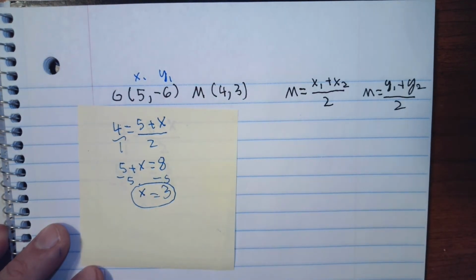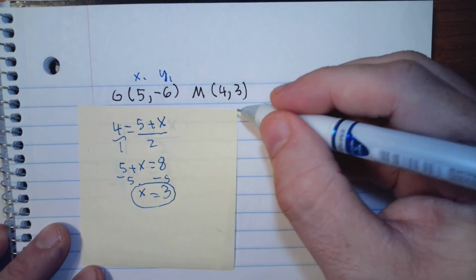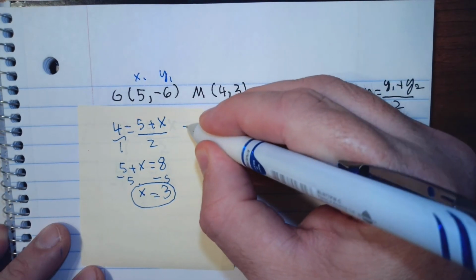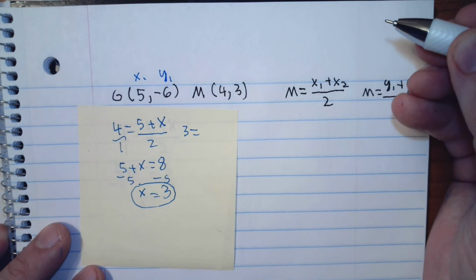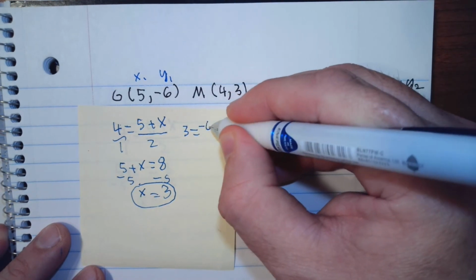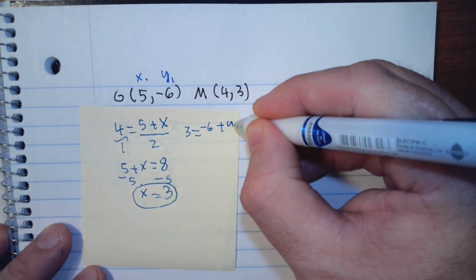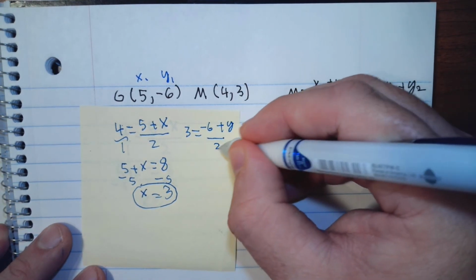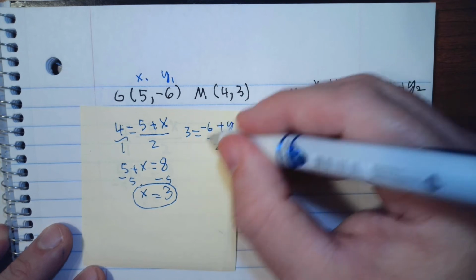Okay? Now we're going to do the y component of this problem. Okay, so midpoint y is 3, and that is going to equal negative 6 plus y, divided by 2. We're going to do the same thing, a little cross multiplication.